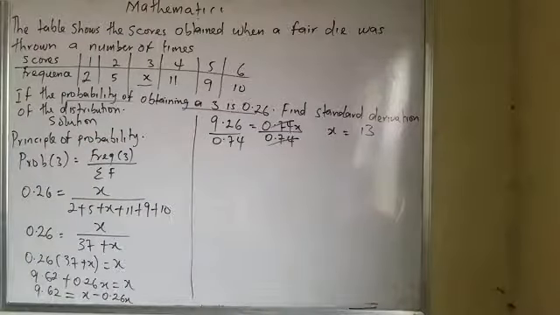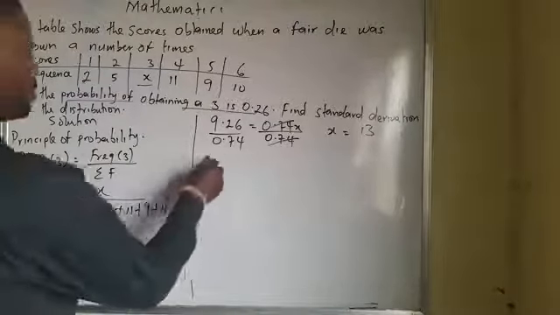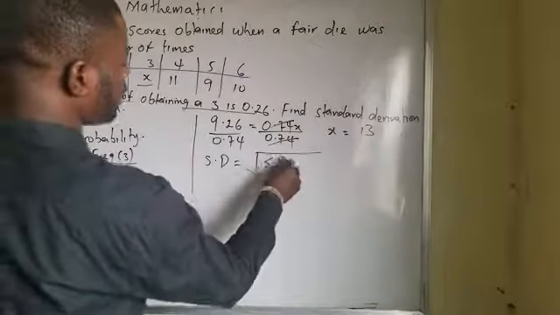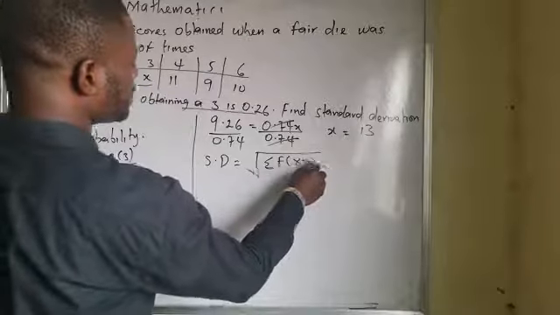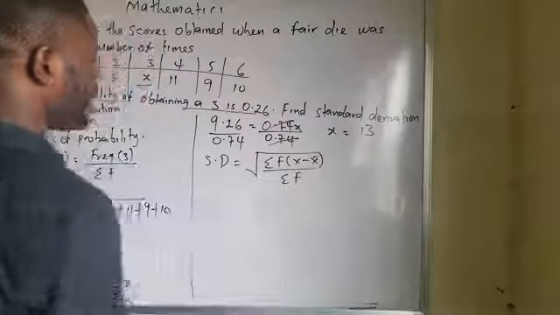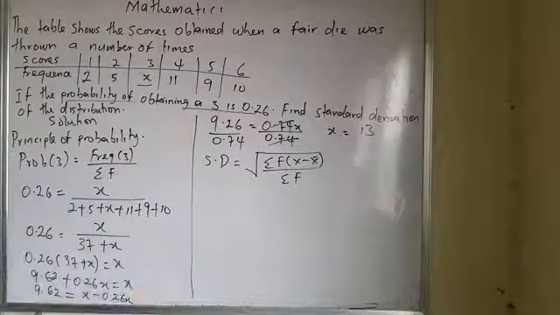Since I have my x as 13, it means I can now say that my standard deviation will be the root of the summation of f of x minus x bar squared divided by the summation of f. Now, how do I get my x bar?